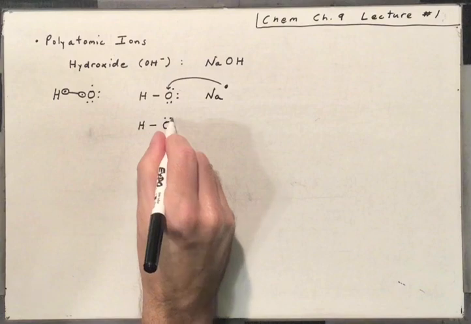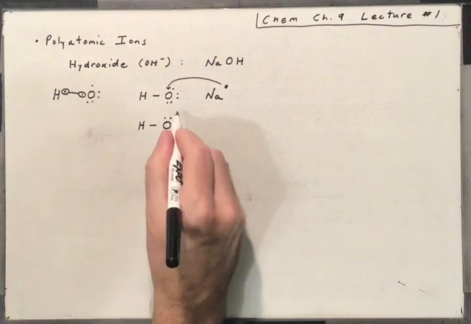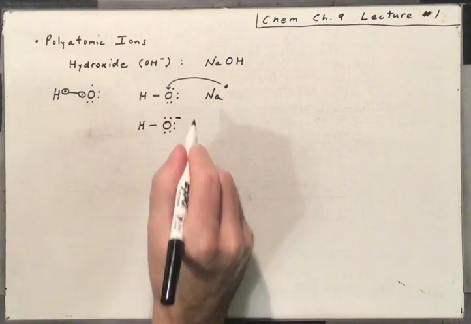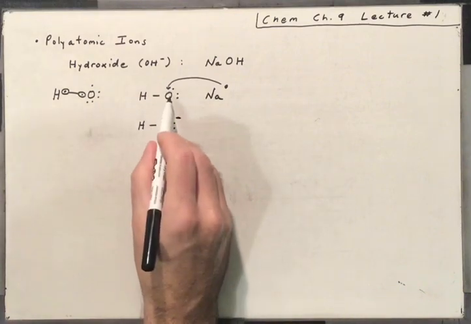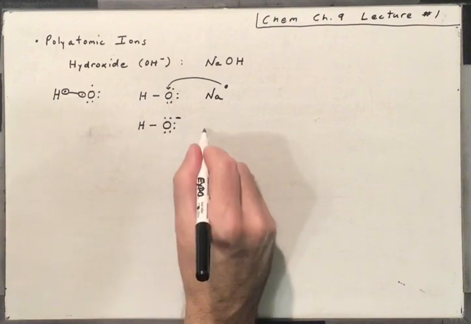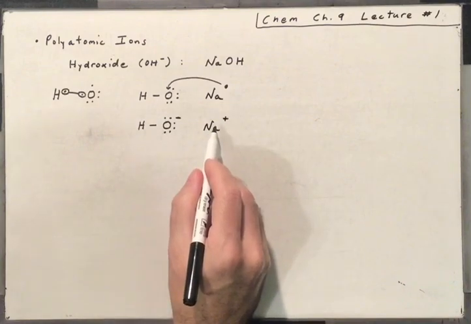So what you have now, oxygen's happy, but because it has an extra electron, it has a negative charge. It was neutral before, now it has a negative charge. It gained an electron. Sodium has a positive charge because it lost an electron.